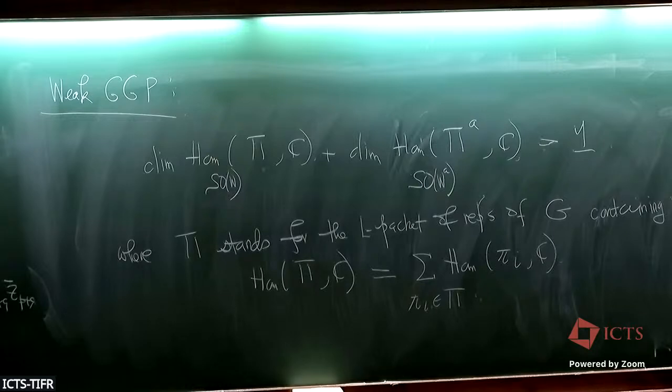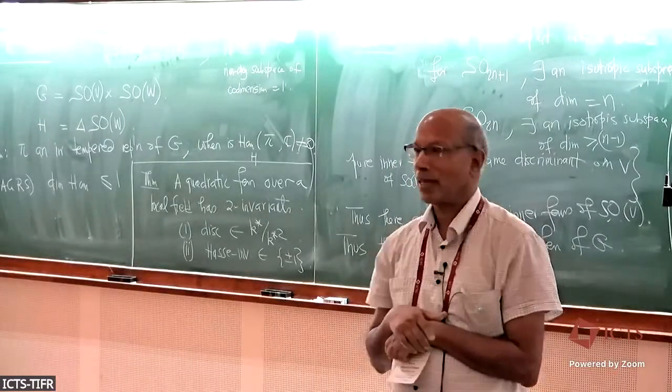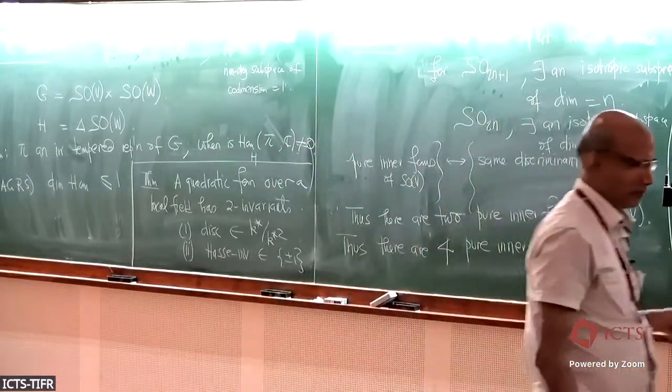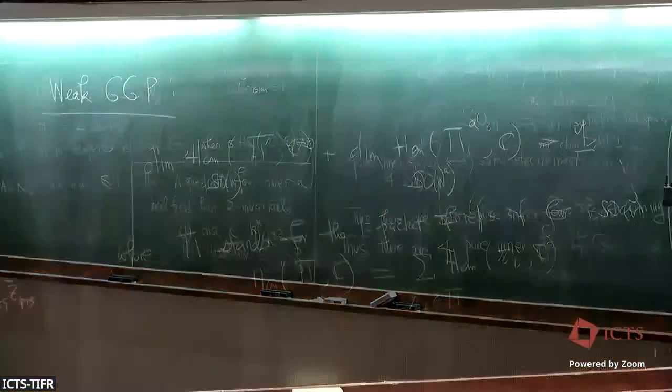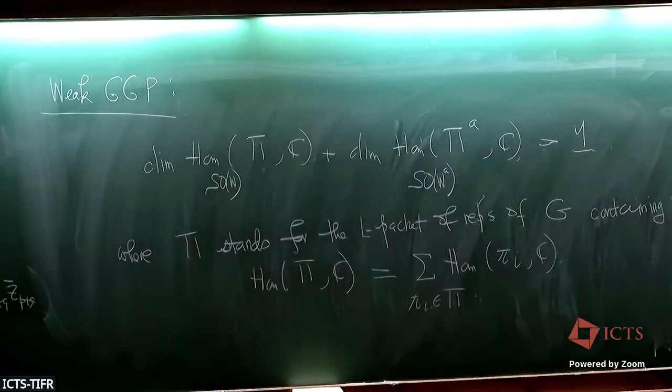Somehow these all look like problems in representation theory, but the recipe is of arithmetic nature. So that is what I come to now. Clear so far? So the weak version of GGP is a strong multiplicity one theorem.